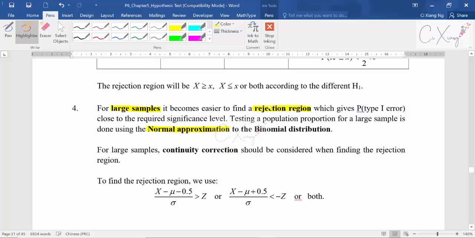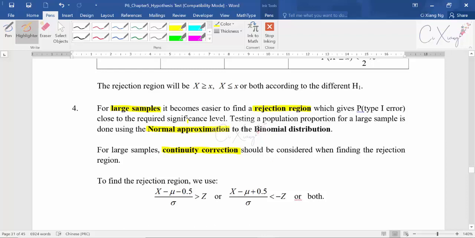During that time, you need to calculate the rejection region by using the normal approximation, but of course, you still need to consider the continuity correction. We will discuss this in the next two videos: how we find the rejection region and calculate the type 1 and type 2 error when we change binomial to normal.